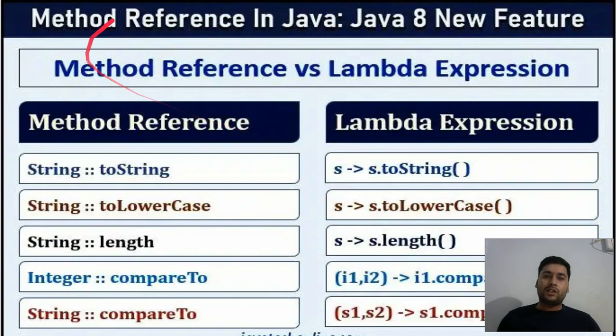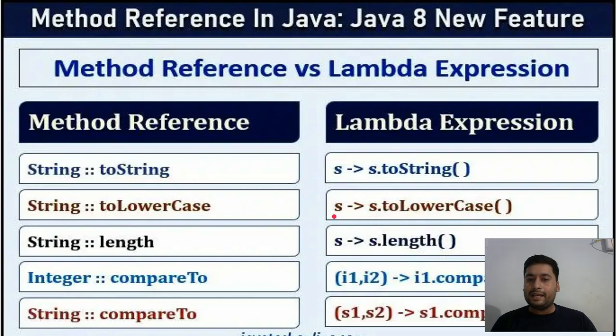Okay, so these are the things you can see, method reference versus Java lambda expressions. Here, method reference and lambda expression both are part of the Java 8 features, that is clear. While calling s.toString, for the method reference we use String double colon toString.